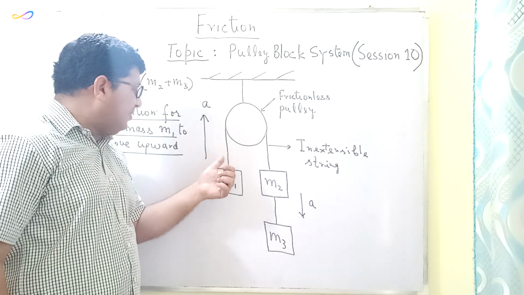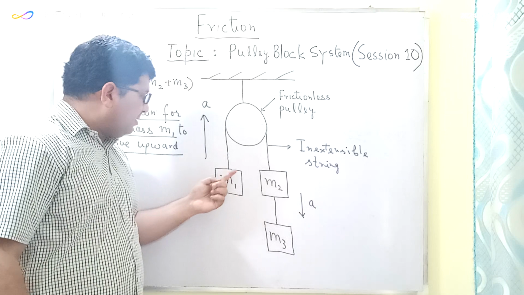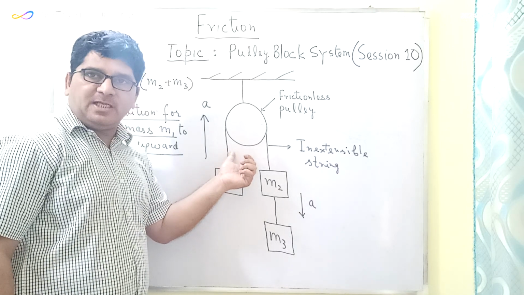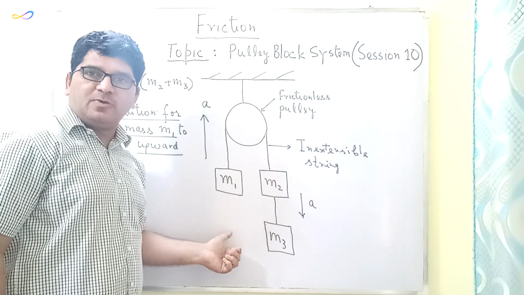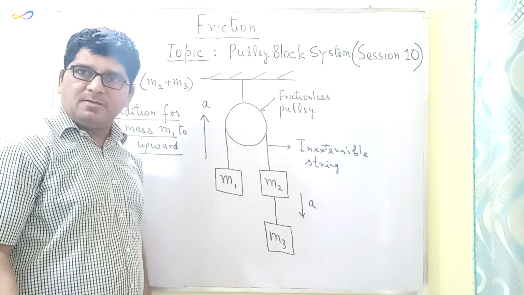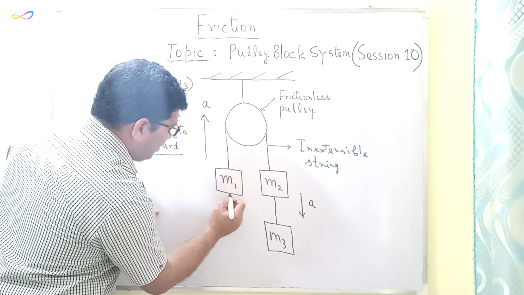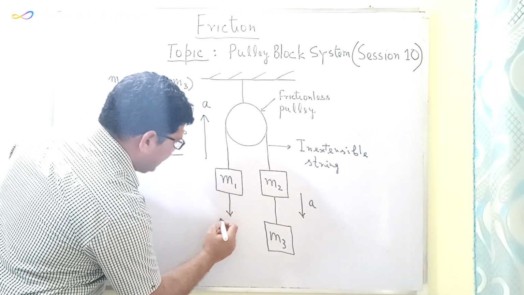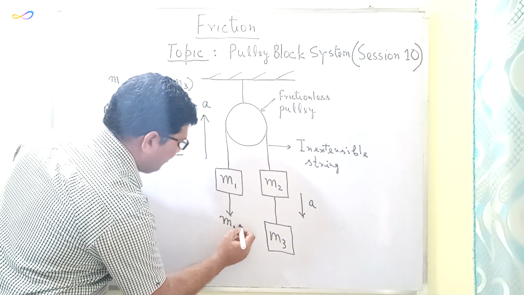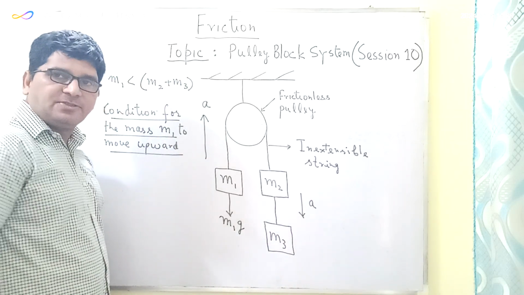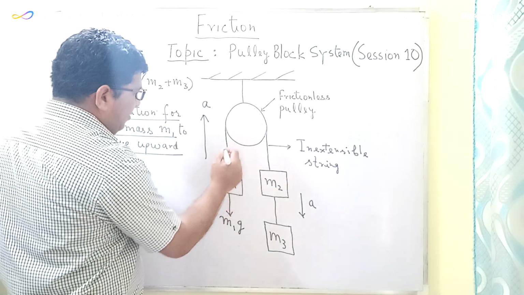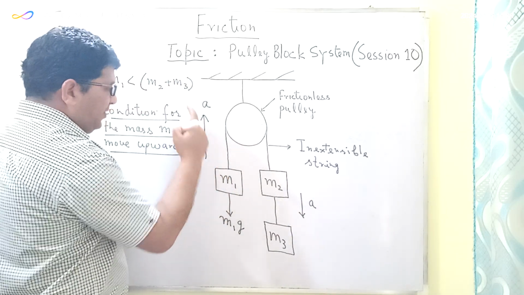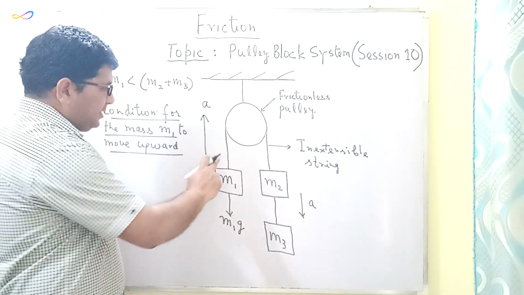This mass m1 will move upward only when the force acting in the upward direction is more than the force acting in the downward direction. The force acting in the downward direction in this case is only its weight, that is m1 into g, where g is the acceleration due to gravity. Now we have to calculate the upward force.